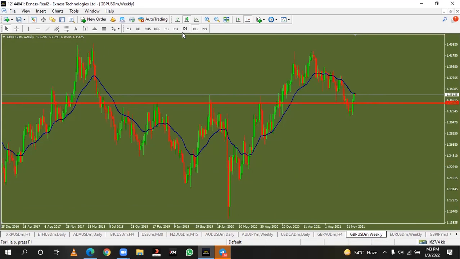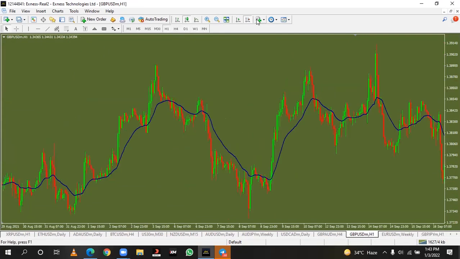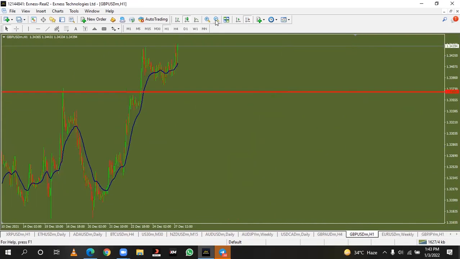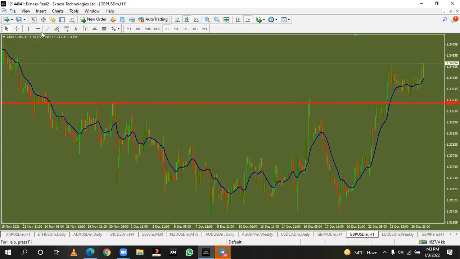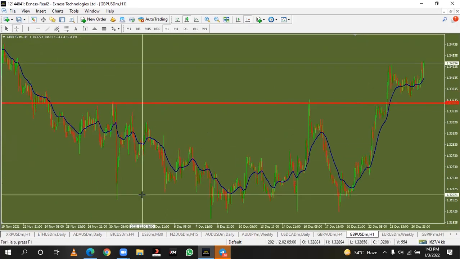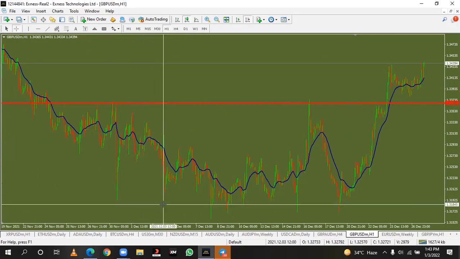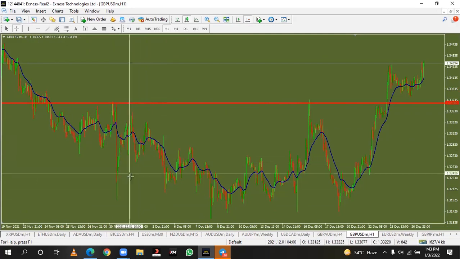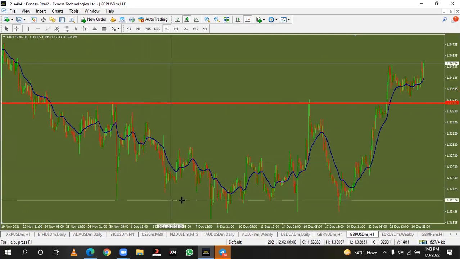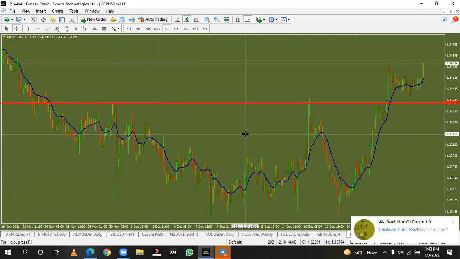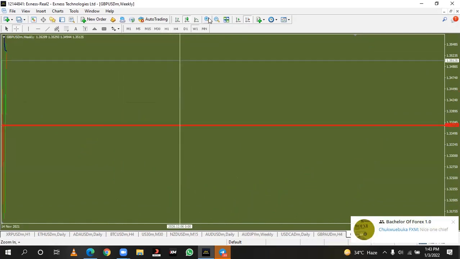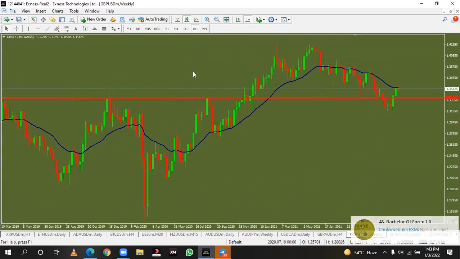Okay, now let's go to the daily time frame. This is the daily time frame. Do we have it in the daily time frame? Okay. We don't have it here. And where can we get a failed break in the market structure?